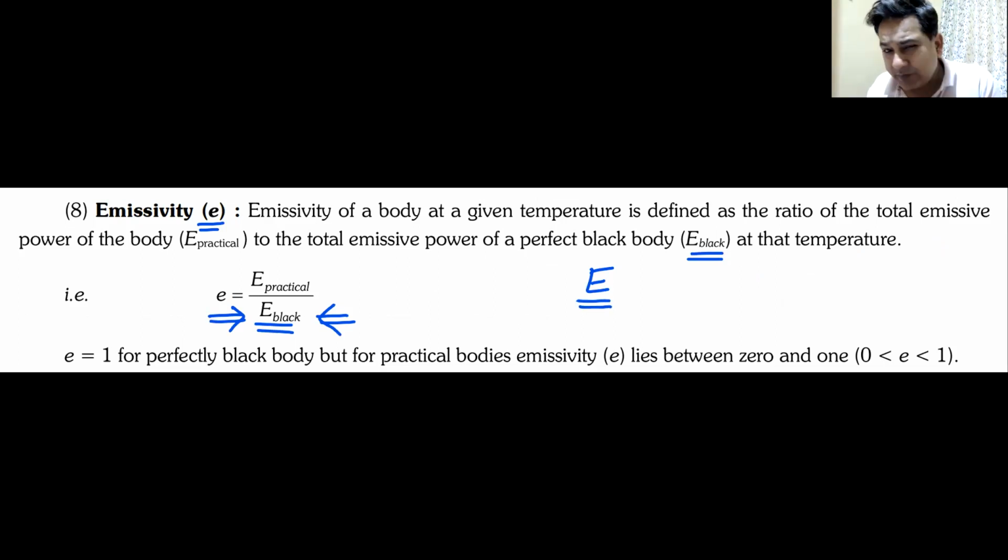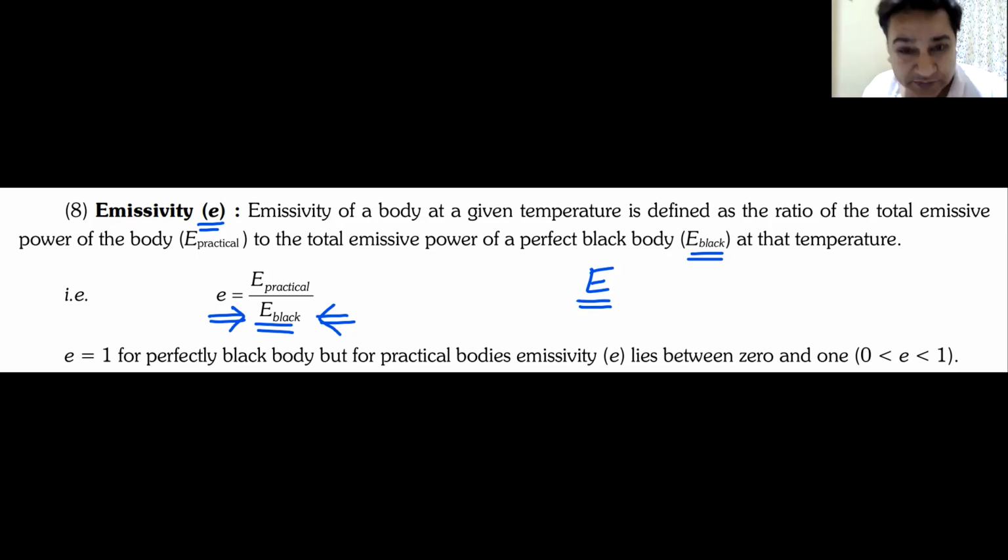If I write E lambda, it becomes spectral emissive power. I hope you understand this. So E is the total emissive power. E black is the emissive power of a black body of same dimension, same size, same shape. So for example, if this is one of the bodies, its emissive power is E body, then I create the same body, same size, same shape, and I make it a black body. We call that its emissive power of the black body.